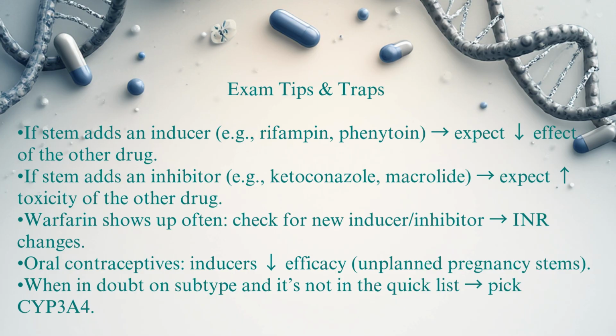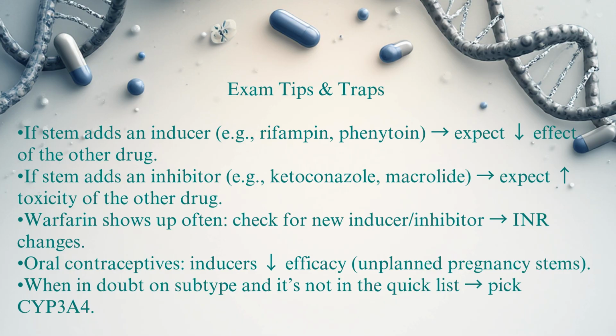Exam tips and traps. Let's finish this section with some exam tips and classic traps you'll see in board-style questions. First, if the question stem adds a CYP450 inducer, for example, rifampin or phenytoin, you should automatically expect the other drug in the scenario to become less effective.